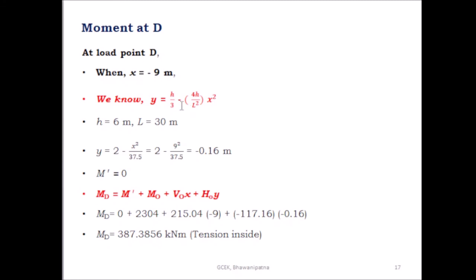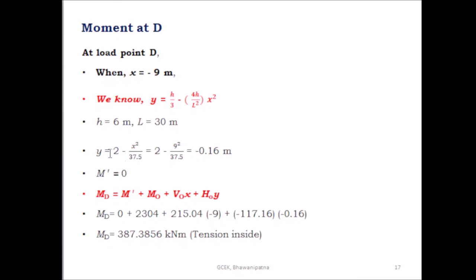Using this expression, the y coordinate is equal to 2 minus x square by 37.5, which is 2 minus 9 square by 37.5, equal to minus 0.16 meter. The y coordinate of the point D is equal to minus 0.16 meter.